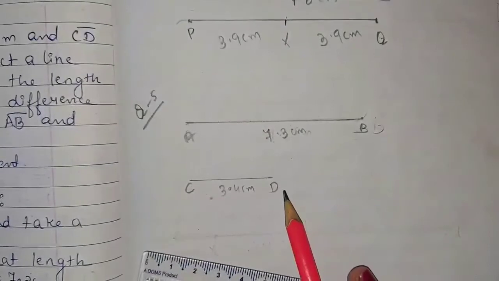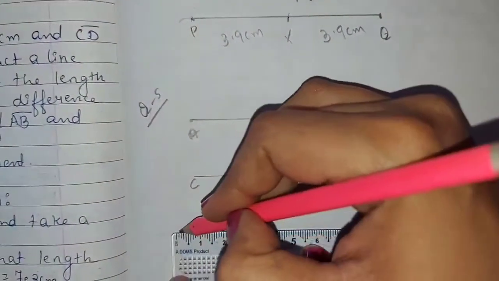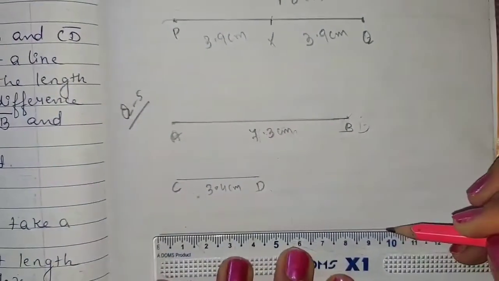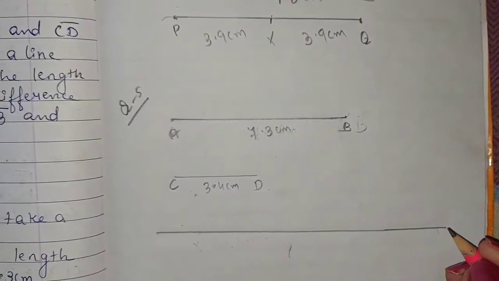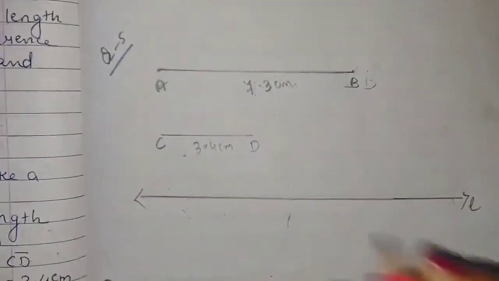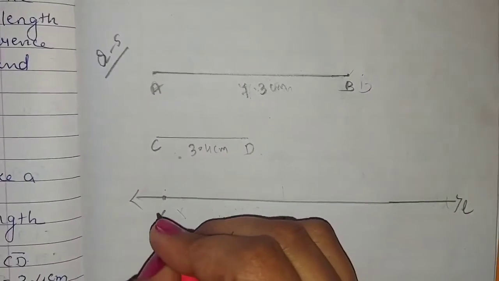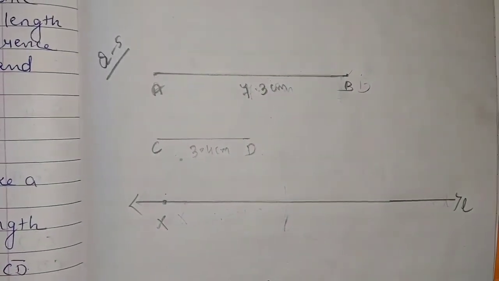This is also given in the question. Now our first step is what? We have to draw a line L and put a point X on L. So we have put point X on L.